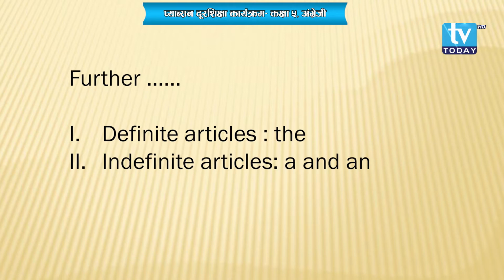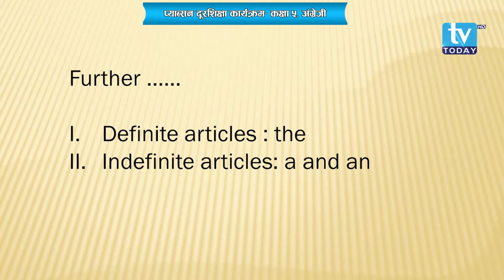Generally, the article the is used as the definite article, for the nouns which are specific, particular, unique, single. They are denoted with the use of the article the, so we can say it is the definite article.